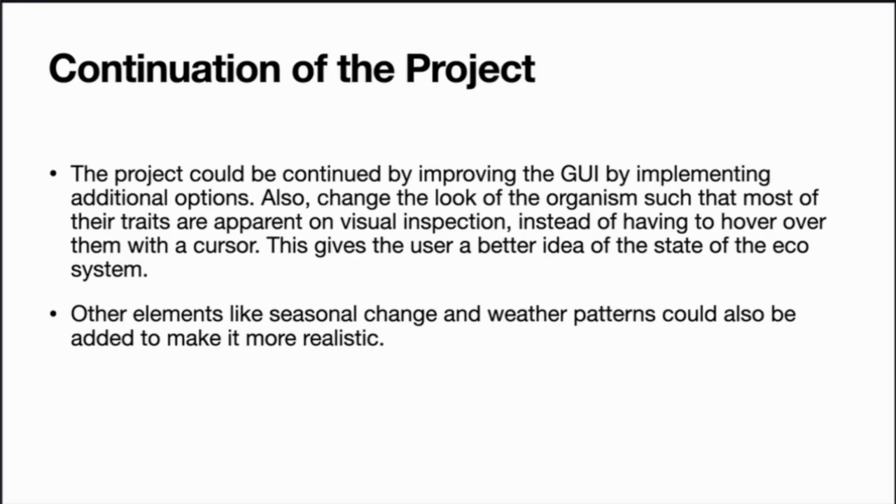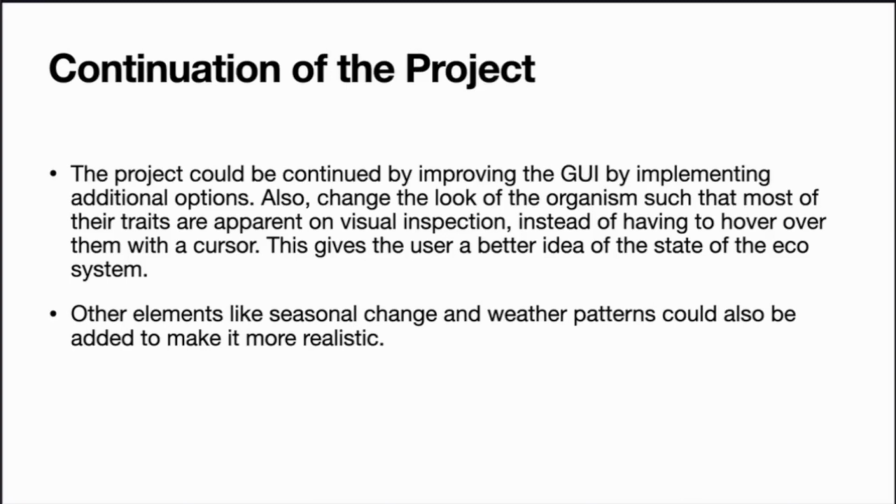That way it creates a more apparent picture of the state of the ecosystem and the different organisms in it, as opposed to having to swipe the cursor over them to view the details and look at the graphs.